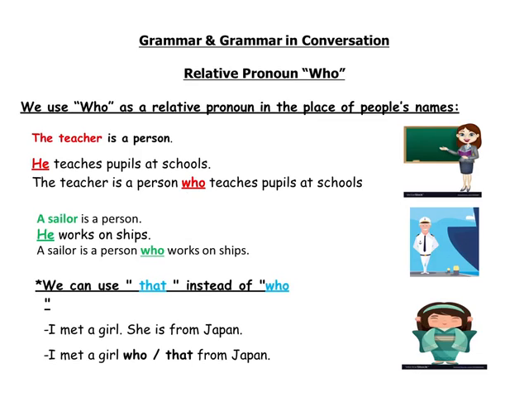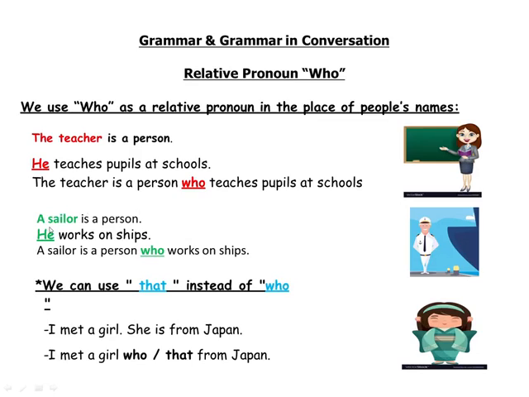That refers to the teacher. Can I say who he teaches? Of course, no, because he refers to the teacher and who refers to the teacher. So we delete or cross out he. The answer, the teacher is a person who teaches pupils at school.